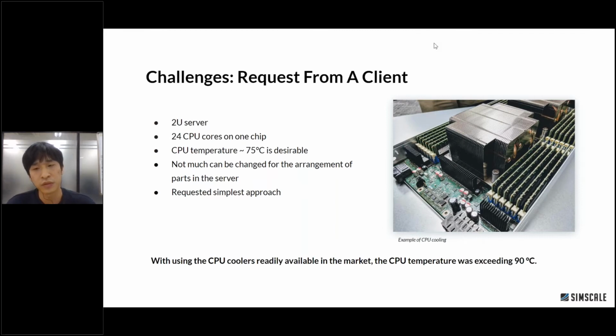As a result, when the CPU chips are fully operational, the CPU temperature easily exceeds 90 degrees Celsius, and that's why they cannot make their CPU chips fully operational. Also, the positions and arrangement of different components inside their servers were pretty much fixed, so we could apply only some slight changes for the improvement of this cooling.